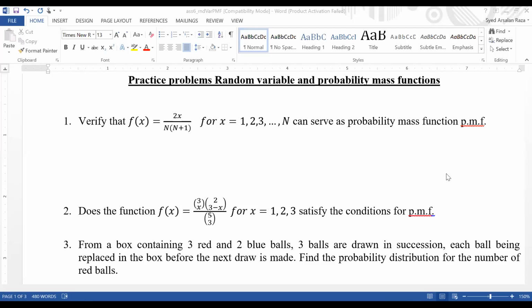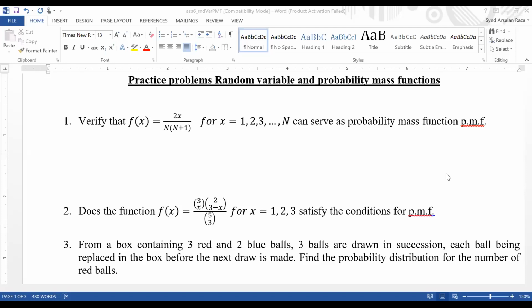And one step was additional: if needed, you can find the mean and the variance of a probability distribution. As in chapter number 1, you were calculating the mean and variance of a frequency distribution, here we are computing the mean and variance of a probability distribution.